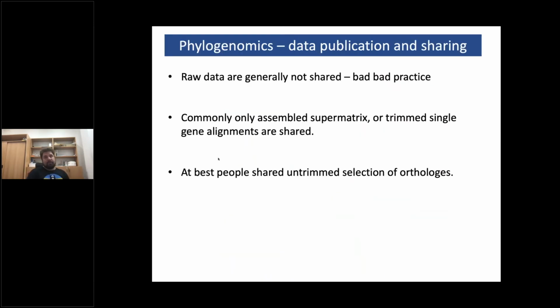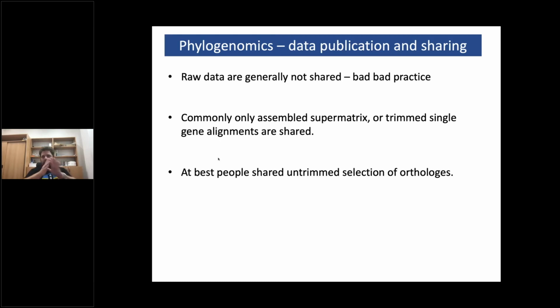The other problem with phylogenomics today is the sharing and publication of data, because very often people don't share the raw data. They would share, let's say, the sequence files or the assembly of each of the genomes or transcriptomes, but they don't share the actual phylogenomic matrix at all.